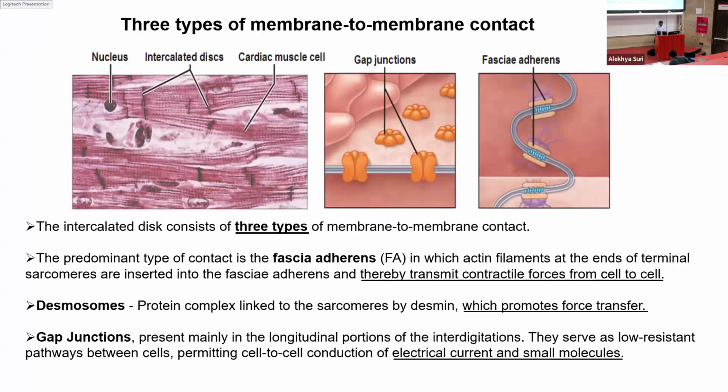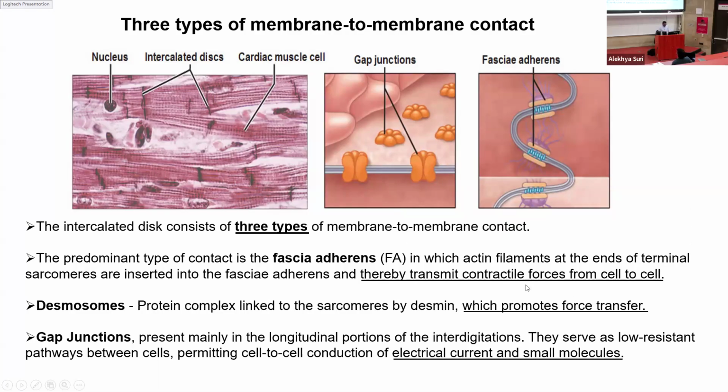The intercalated disc has three types of membrane-to-membrane contact: fascia adherens, desmosomes, and gap junctions. These three are the major communication methods between the cardiac myocytes.